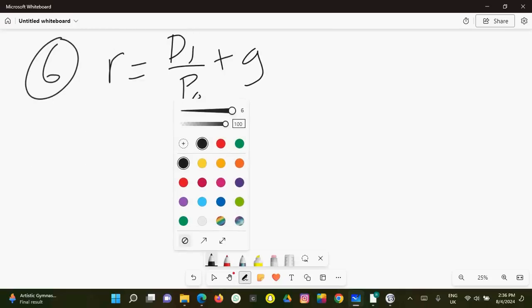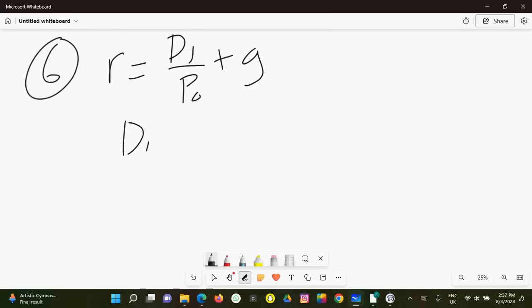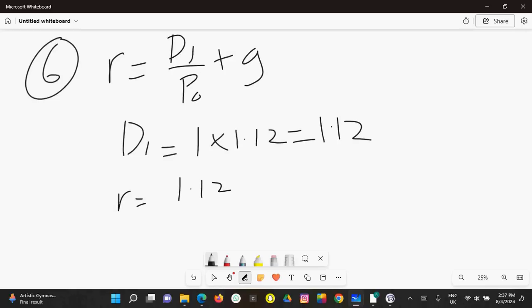Let me move as fast as I can. So D1 is equal to D0 grown, right? So D0 was 1, and it is growing at 12%, so 1 times 1.12 is going to give us 1.12. So now our R is going to be 1.12 all over the price, which is 20, plus 12%.